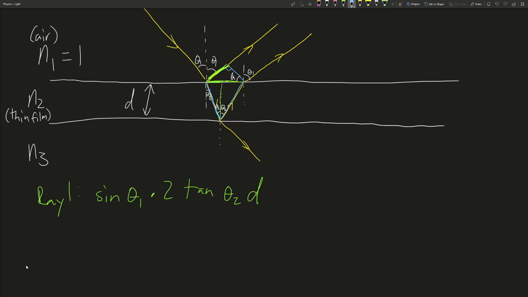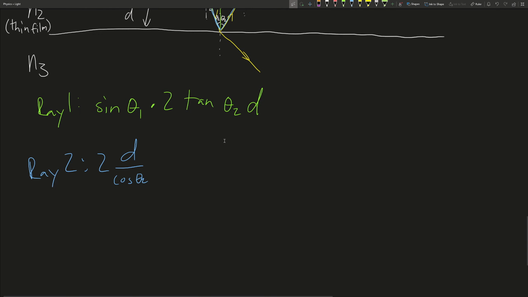And so this V shape, ray 2, is just given by 2 times d divided by cosine of theta 2, because cosine of theta 2 is d over one of these blue distances. And so this blue distance is going to be equal to d divided by cosine theta 2, and then it goes down and back up, so it's 2 times d divided by cosine of theta 2.